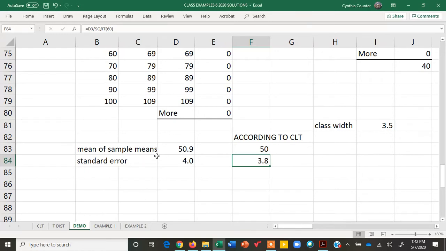So to find the standard error, which is the standard deviation of a sampling distribution, the standard error for the sampling distribution of the means is computed as the standard deviation of the original population from which the samples were drawn, divided by the square root of the sample size of each of those samples. So according to the central limit theorem then, I should have a mean of 50 for my sample means and a standard error of 3.8, right?